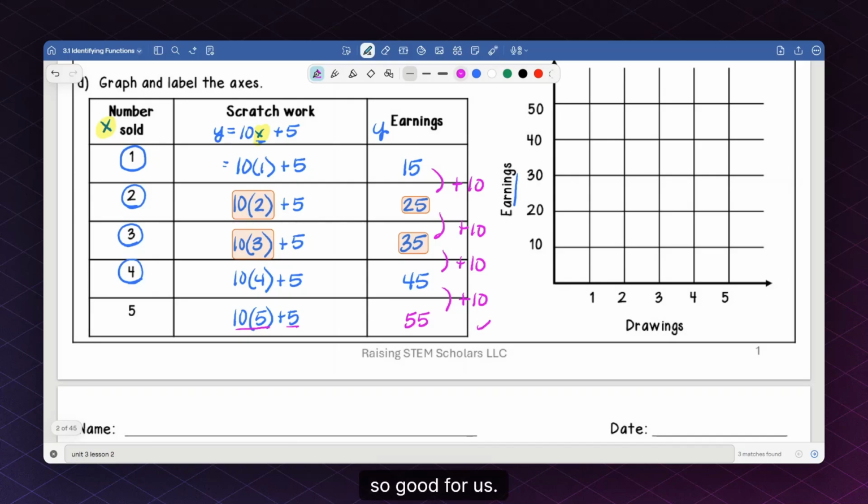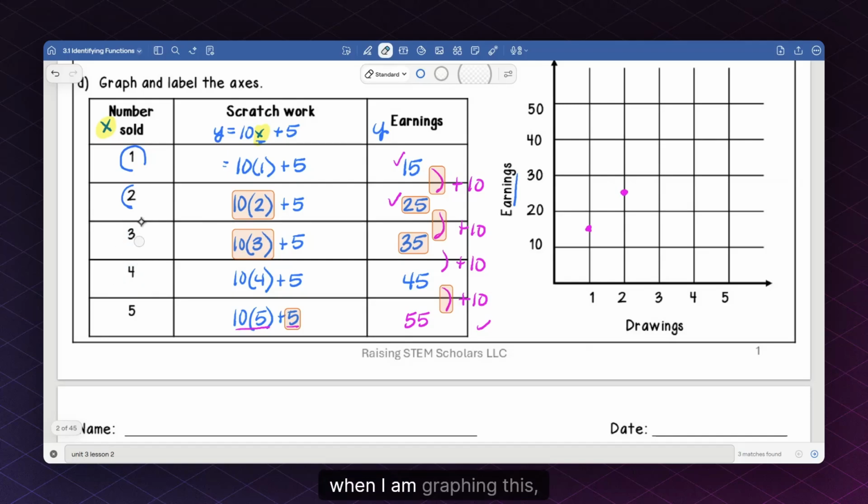So good for us. Okay, now we're going to go and graph this. I have no idea what this thing is doing with the selecting of everything. Okay, so my first number that I'm going to graph is this 15. That's if we do one drawing. So we got 15. 2 drawings is 25. Keep in mind when I am graphing this, let me go ahead and erase some of this here.